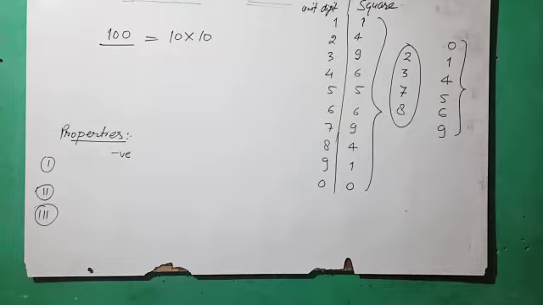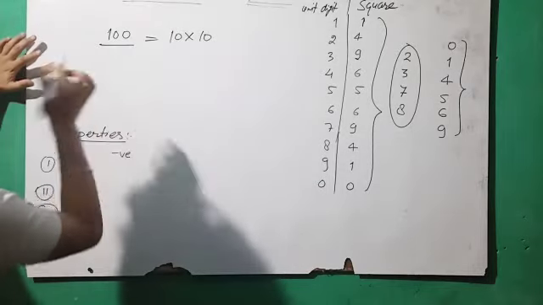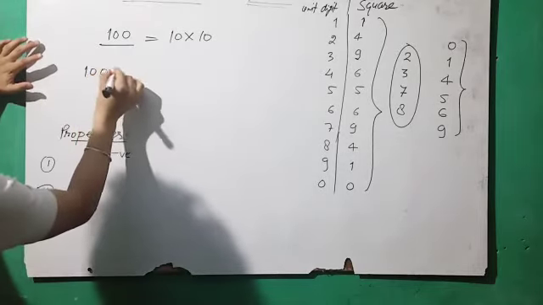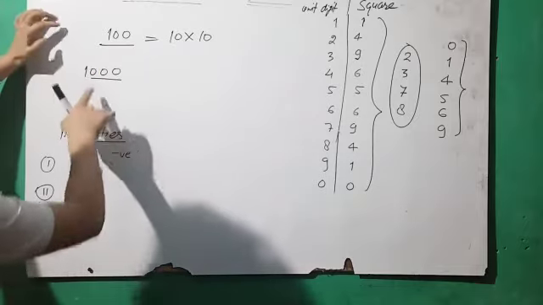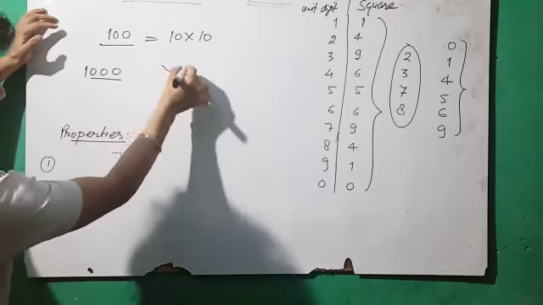One more property is again very important. If the number of zeros at the end of a perfect square is uneven or odd, then it cannot be a perfect square. Like if you have an odd number of zeros, like 30, then it is never a perfect square.